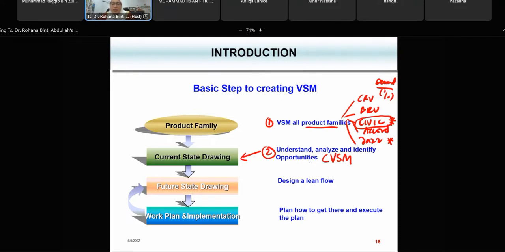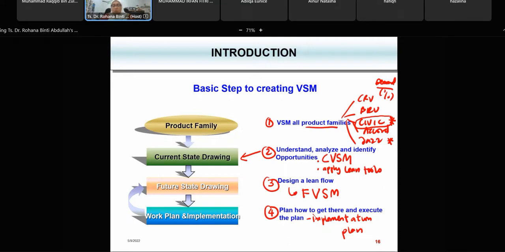Once you have identified the opportunities and next you apply all the lean tools yang you dah belajar sebelum ni, alright, in order for you to design a lean flow and achieve future state value stream mapping. Ini yang ideal lah. Yang mana you dah achieve lean manufacturing. Contohnya. Baru you dapat future state value stream mapping. Alright. You boleh plan dekat situ sendiri. Finally, barulah you boleh implement. Come up with the implementation plan.